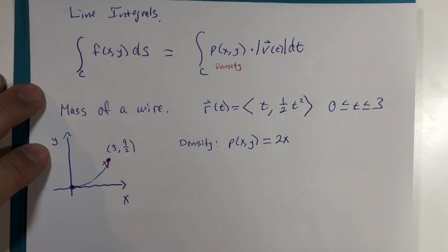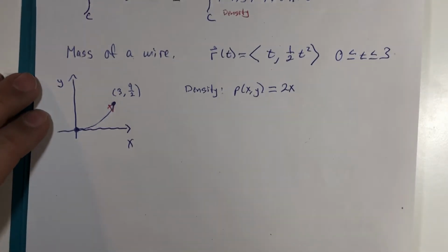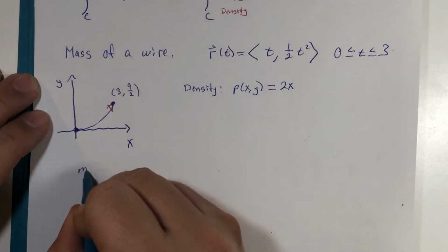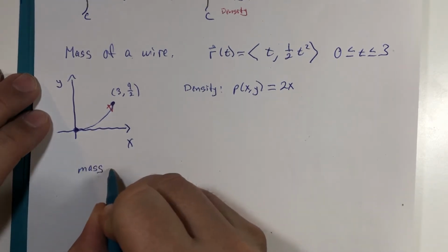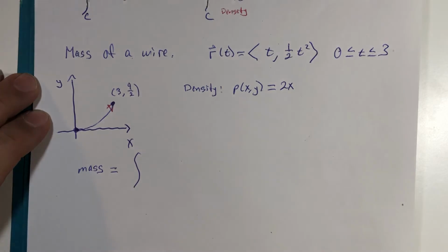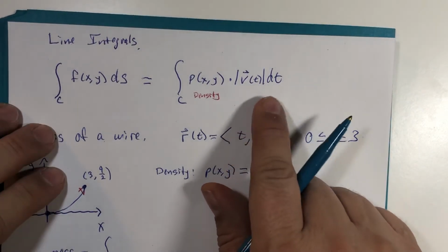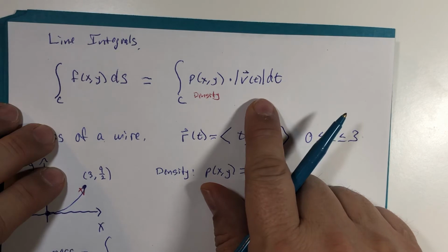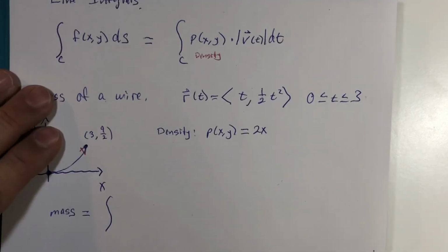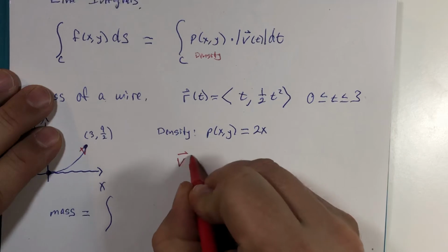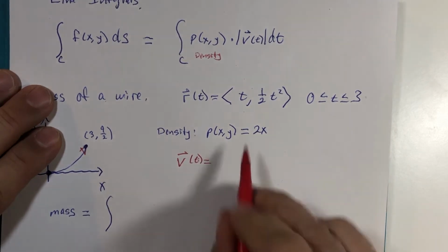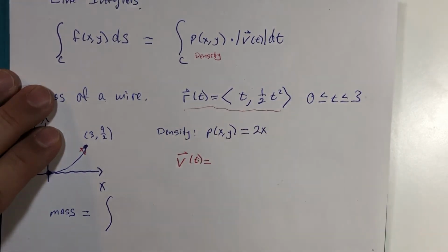Now, to find the mass of this integration, I need some other information. It says magnitude of velocity vector. Oh, well, I guess I need to calculate the velocity vector. What is my velocity vector if this is my position vector function?